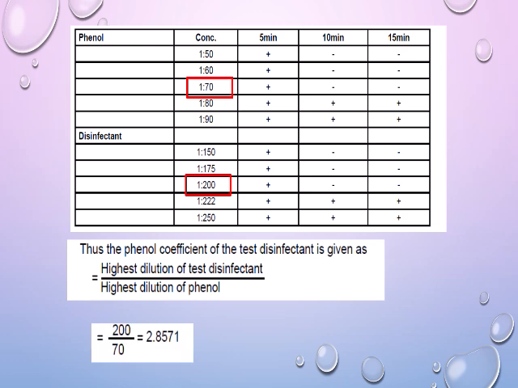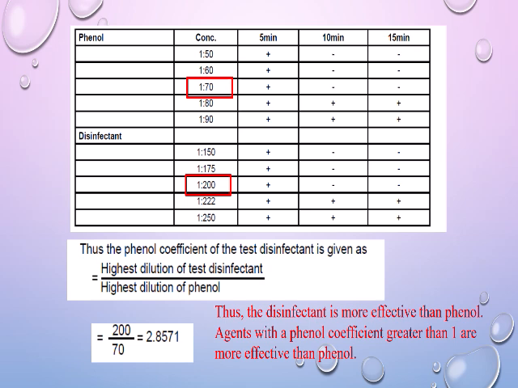This gives us the result as 200 upon 70, which equals 2.8571. Thus, the disinfectant is more effective than phenol. Agents with a phenol coefficient greater than 1 are more effective than phenol.